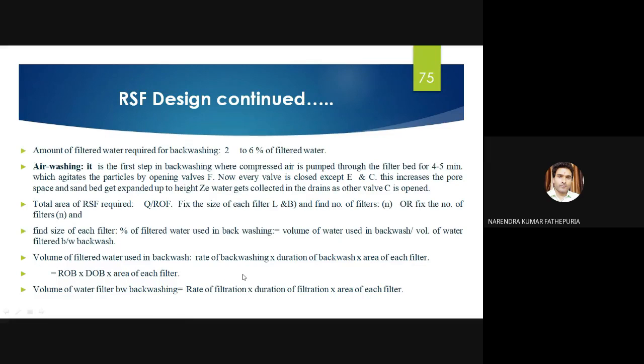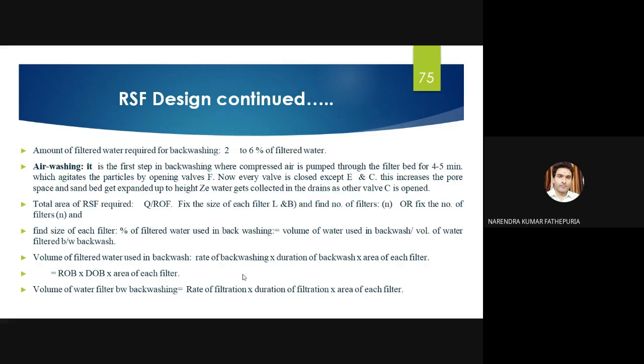So if you have a rate of backwashing, at what rate you are going to clean the filters, and then what is the duration of backwash? Suppose 5 minutes or 10 minutes duration. And then the area of each filter. Suppose 10 filters, so 10 multiplied by the area of each filter. Like this, you will get the volume of filtered water used in backwash.